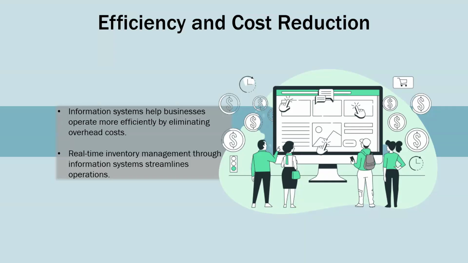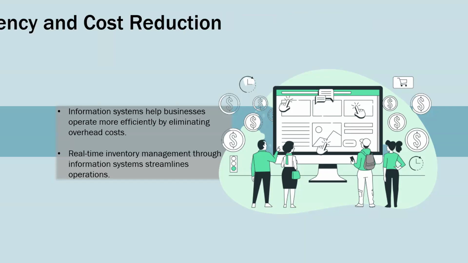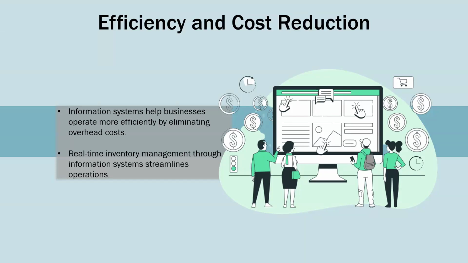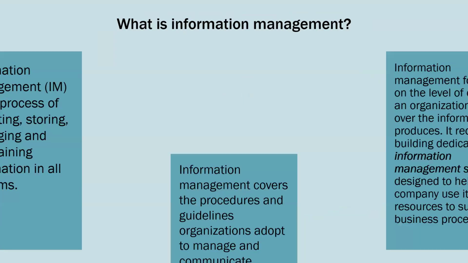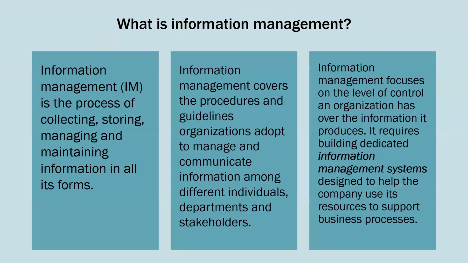Real-time inventory management is made possible by information systems, and that will streamline the operation. Where people would go into a warehouse and count things manually, an information system just puts sensors there. The sensors will tell us when the stock gets low, right? So they are efficient and they reduce cost.